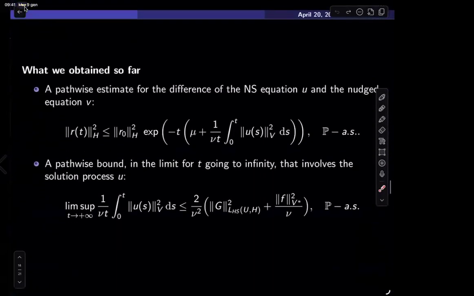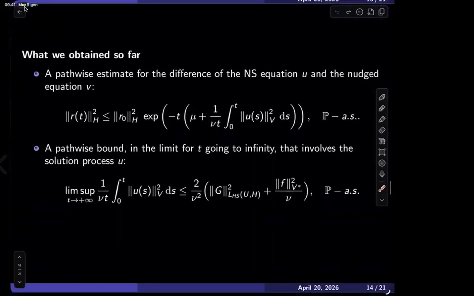So what we obtained so far, there is the same typo here. Basically, you prove a pathwise estimate for the difference of the Navier-Stokes solution U and the nudged equation V. You have an estimate of the difference in terms of the exponential of this quantity here, and this estimate holds P almost surely, so for almost every trajectory.